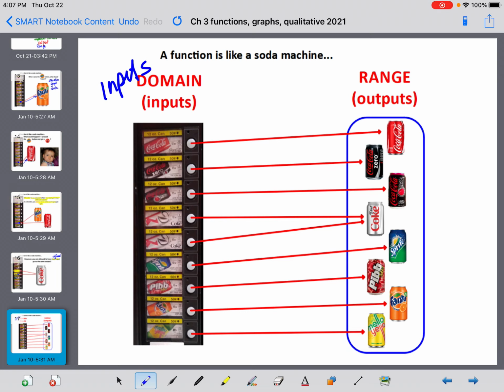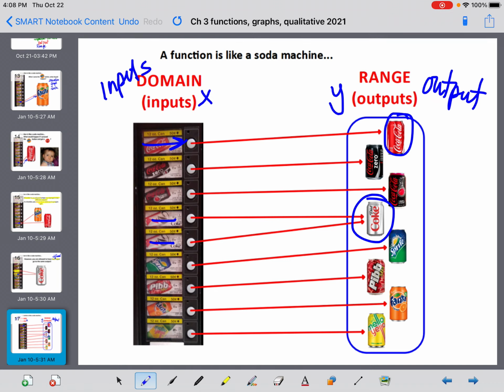A function is like a soda machine. If I press the button for regular Coke, I should get regular Coke out, right? This is my output over here. And remember, these are the x values and these are the y values. It is okay if I have two different inputs giving me the same output.